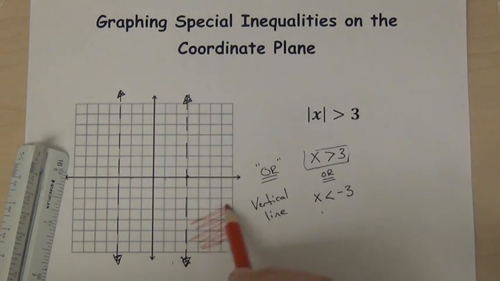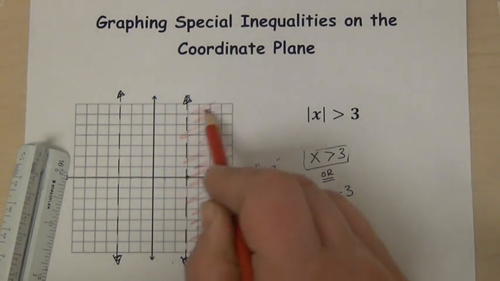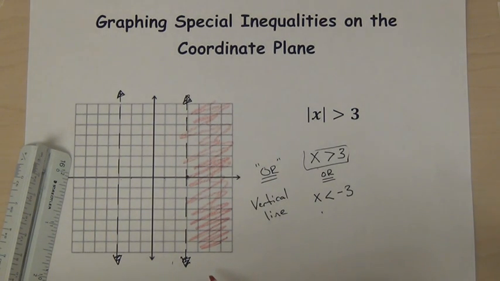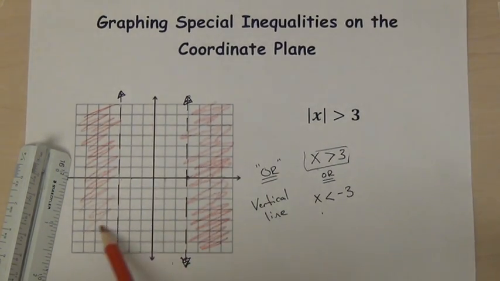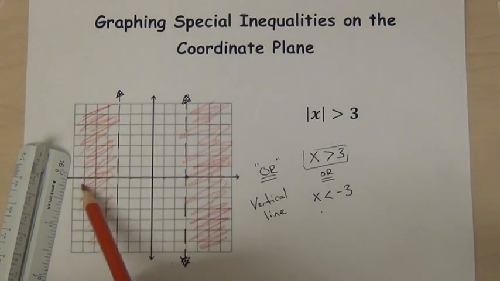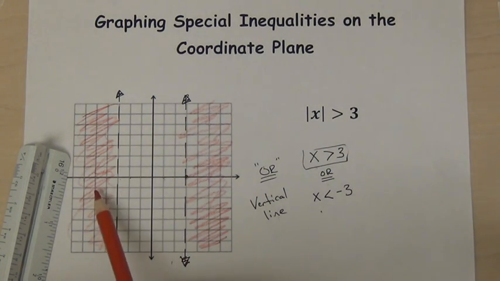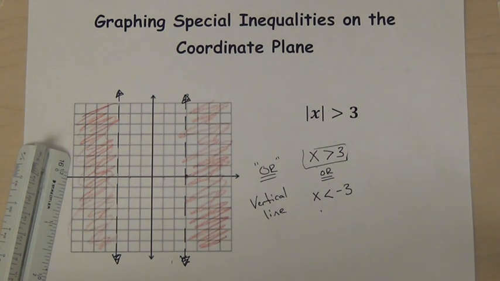That would occur on this side of the line. All the coordinates on this side of the line have x values that are greater than 3. Or, when I look at x is less than negative 3, those coordinates live on the left of this line. So every coordinate, every point to the left of this line is going to have an x value, or an x-coordinate, that is smaller than negative 3.